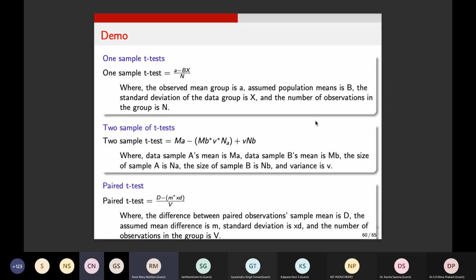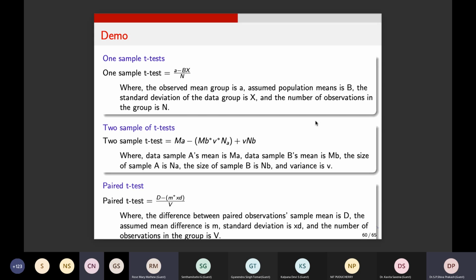So the one sample t-test can be calculated as (A minus B) times the square root of N divided by X, where the observed mean of the group is A, the assumed population mean is B, the standard deviation of the data group is X, and the number of observations in the group is N, right?